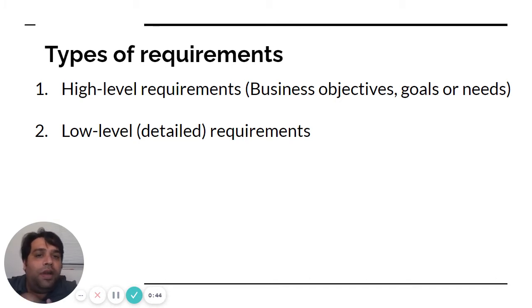High level requirement is a business objective, goals and needs, what the business wants to accomplish from certain things. We can say it is the description of top level goals, overall systematic features, more abstract in nature, also called a business requirement.